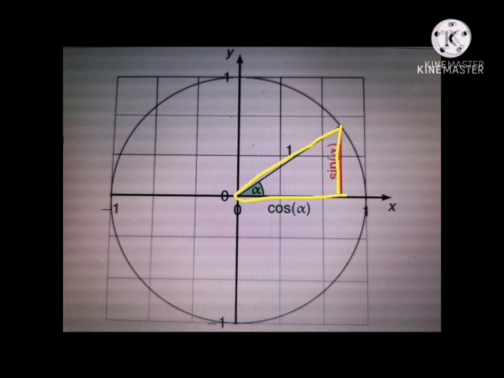On this triangle, the cosine is the horizontal line and the sine is the vertical line. In other words, cosine is equal to the x coordinate and sine is equal to the y coordinate. The triangle's longest line, or hypotenuse, is the radius and therefore equals 1.